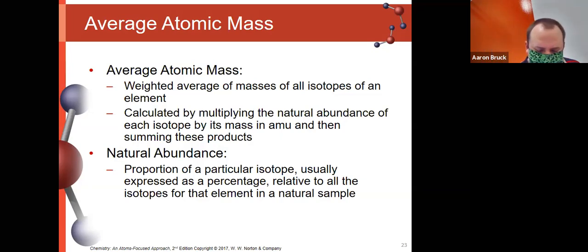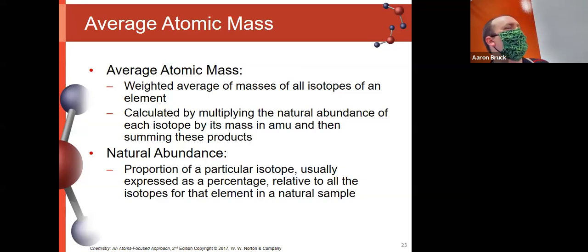Okay, so let's move into average atomic mass then. We've talked about this a little bit. I mentioned the example with gallium and how gallium can have different values for its mass number, which means it would have different values for its atomic mass.